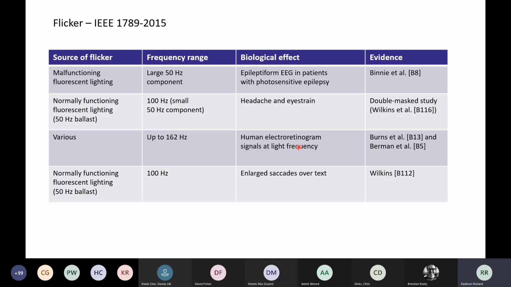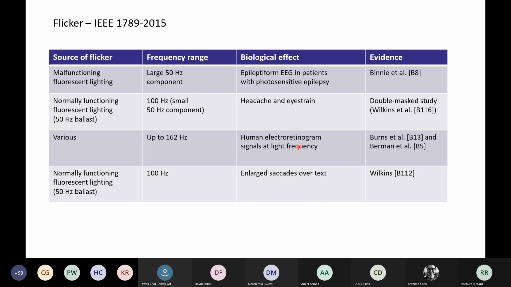So things like sources of flicker and different ranges of flicker, and biological effects it could cause in people. So a malfunctioning fluorescent light can cause EEG problems with patients and headaches, eye strain, for instance.